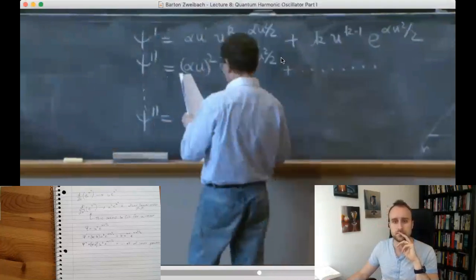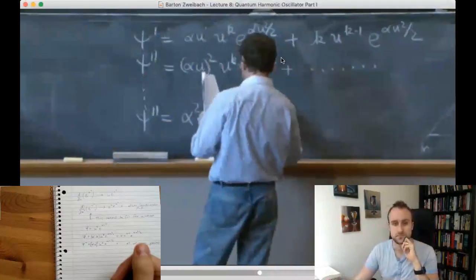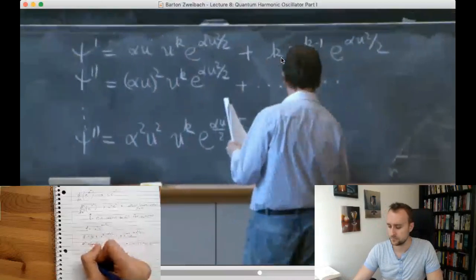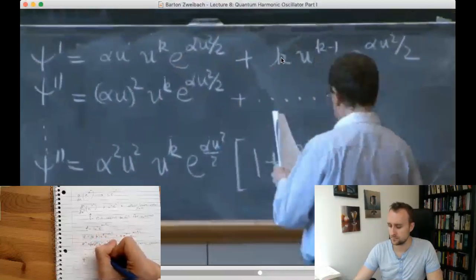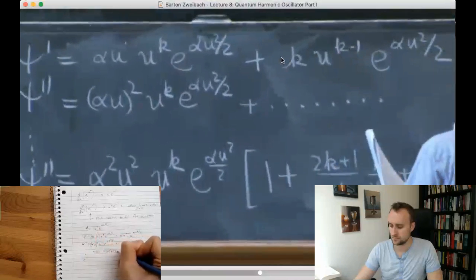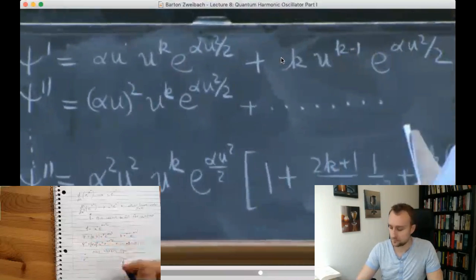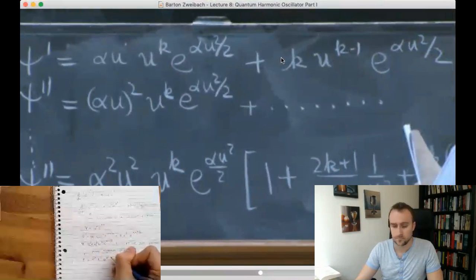No point in me doing this algebra here, alpha u squared over 2, because actually it's not all that important, over alpha 1 over u squared plus k minus 1 over alpha squared 1, over u to the 4th.